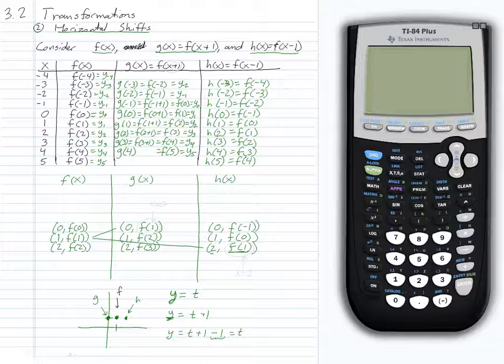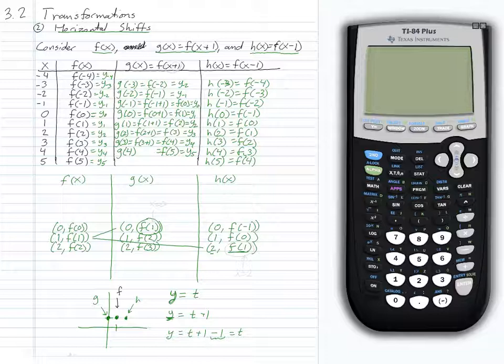Another way that I like to think of this is from the perspective of the y value. Since what we're changing is the x values, if I am hoping to achieve f of 1, whatever that output is, I think about what the function g is.